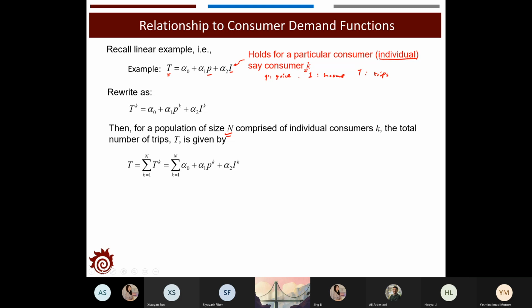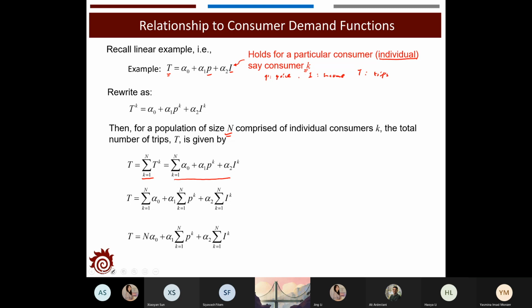So with that, capital T will be the summation of TK, which will also obviously be the summation of the linear equation. And based on this one, you can make some simplification of the linear equation.